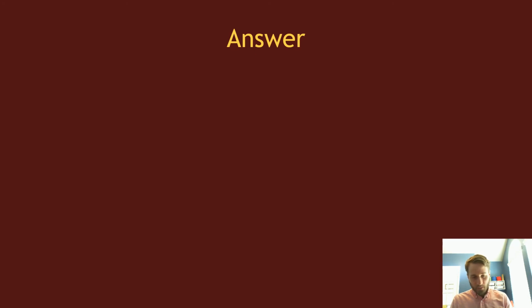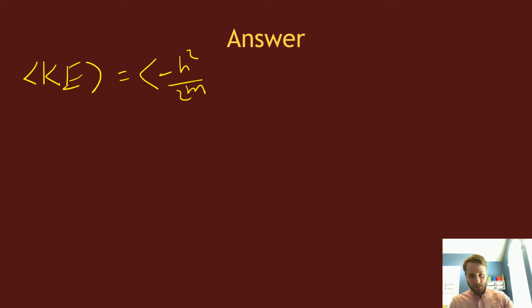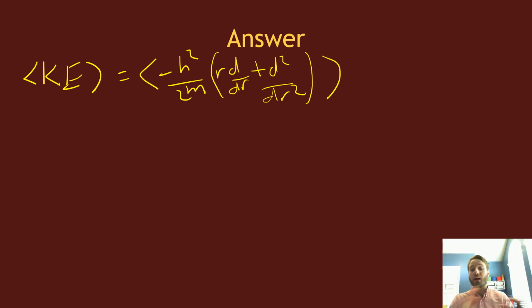Well, that's a little trickier if we try to solve the integral, because the kinetic energy is related to h squared over 2m, and then something like r d/dr plus d squared/dr squared, something like derivative with respect to r. We're going to take the derivative of our wave function and so on. It is a complicated mess that we don't really want to solve.